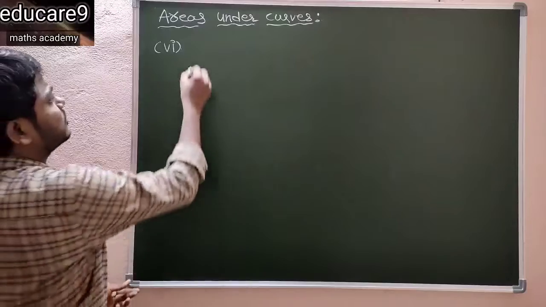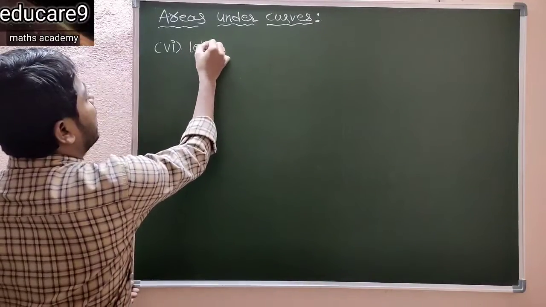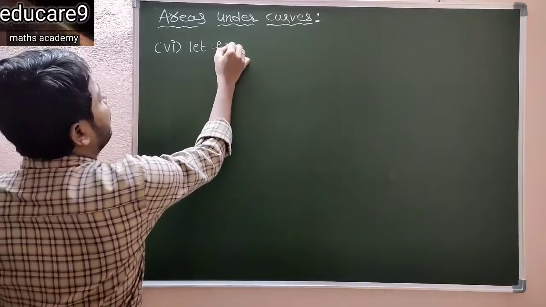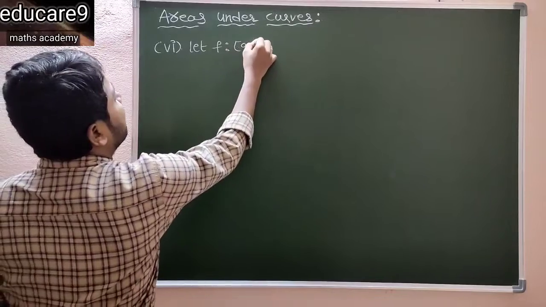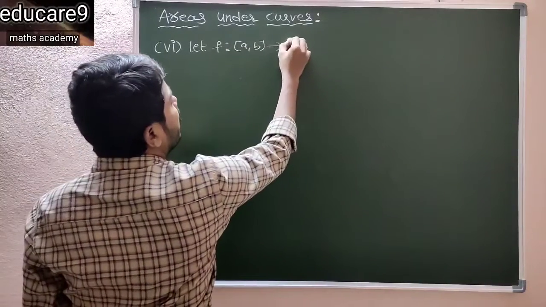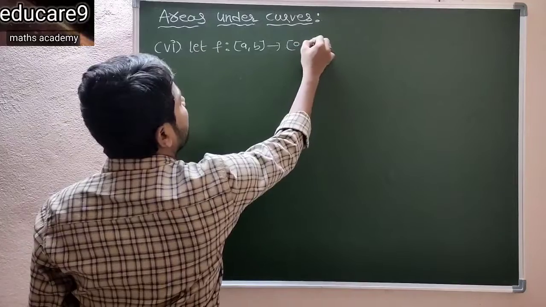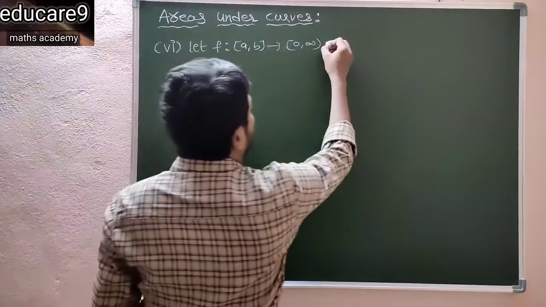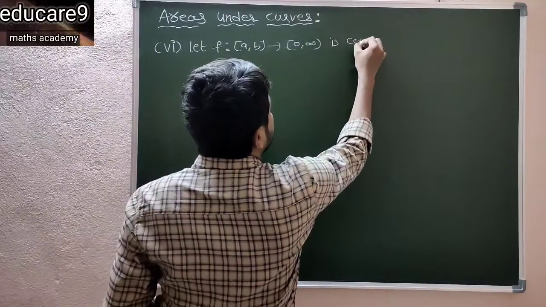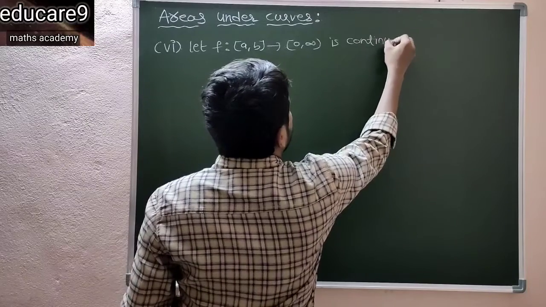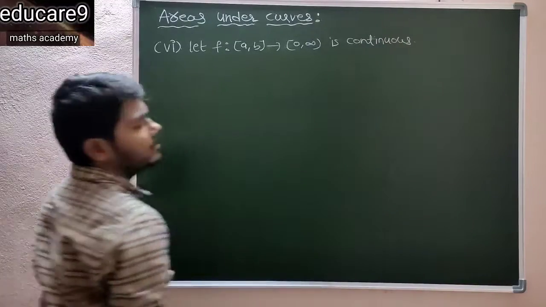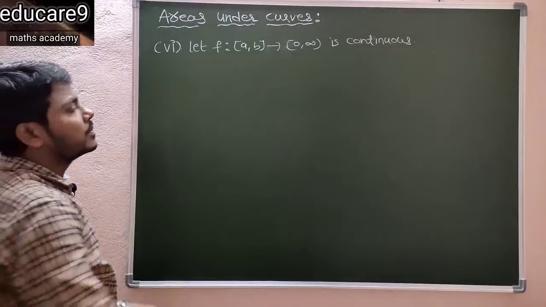The sixth one, let f from closed interval [a, b] to positive values (0, infinity) be continuous in the interval [a, b].